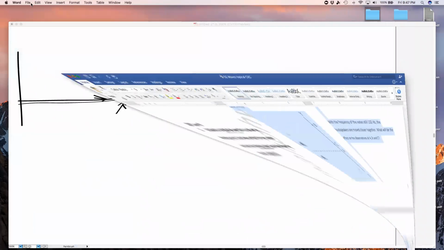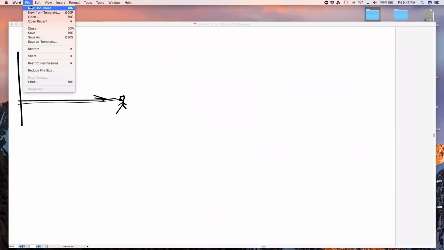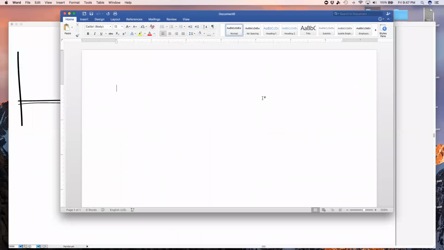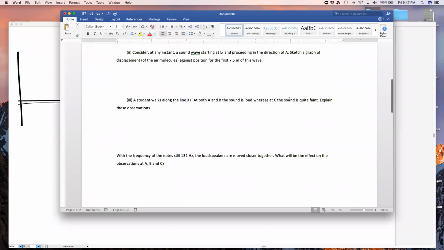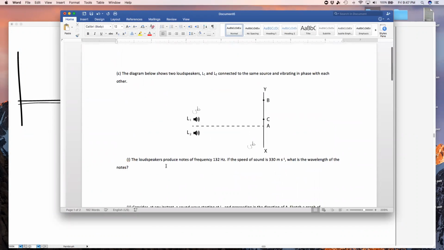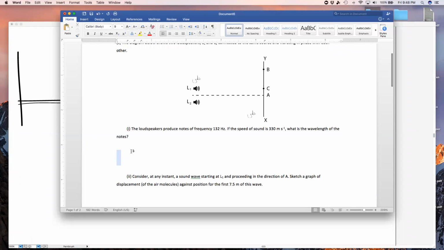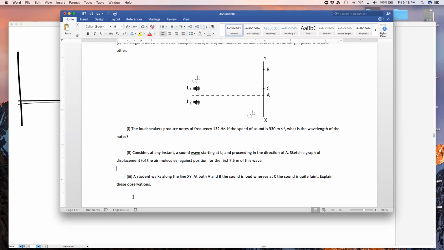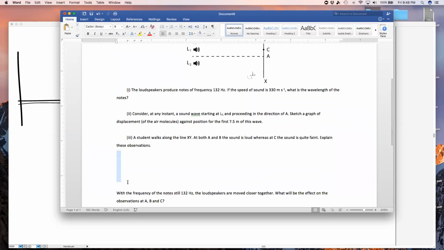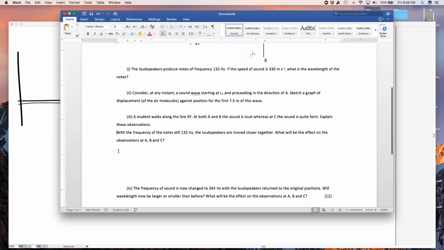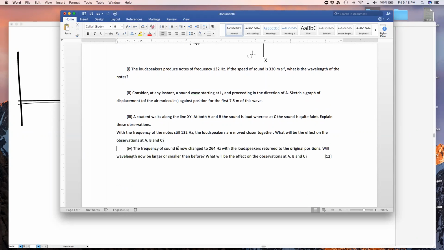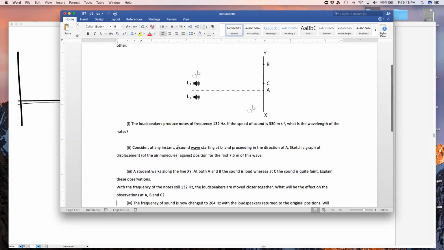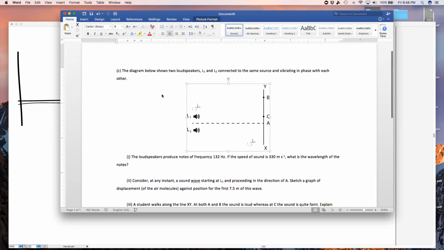I'm going to put it in a new Word file, so I have all of it in one place.